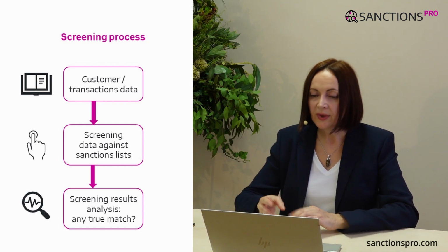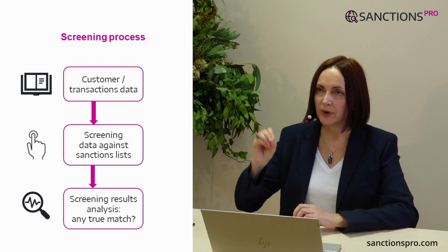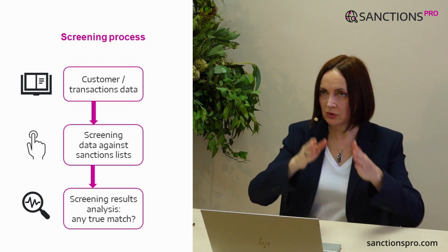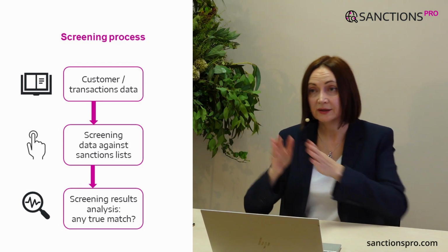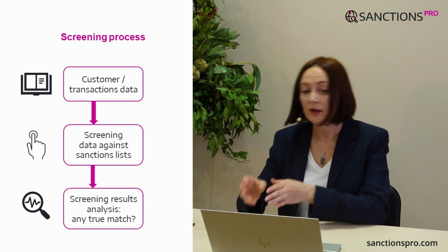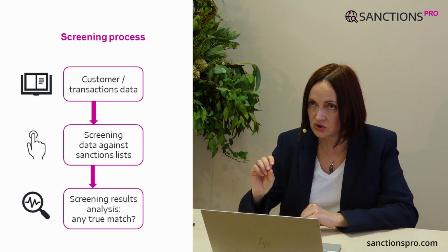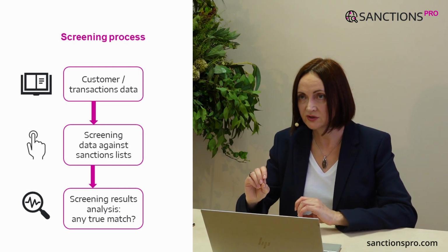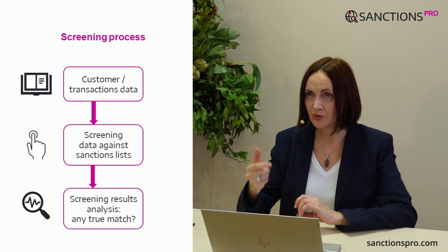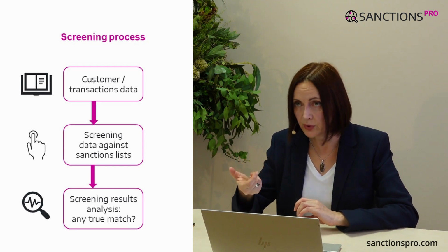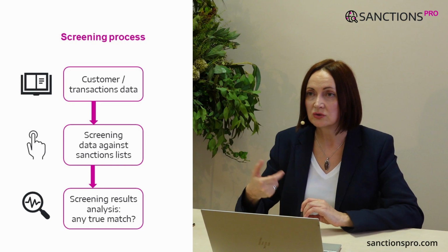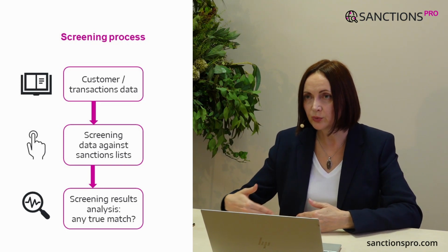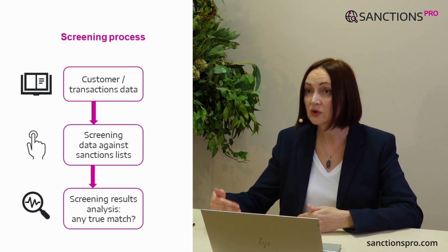The system may alert you about a match between your customer or current transaction and a sanctioned person, and when you analyze this match, you understand that this is actually not a sanctioned person, and this is a false statement by the system. We call this a false positive, and this interrupts the smooth operation of your business. Therefore, it's important that your system works with minimal false positives.